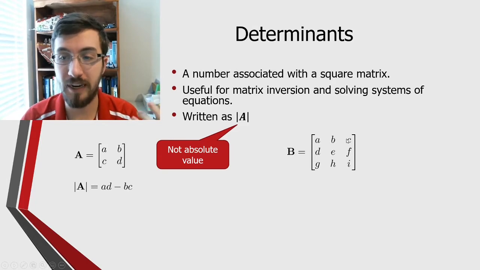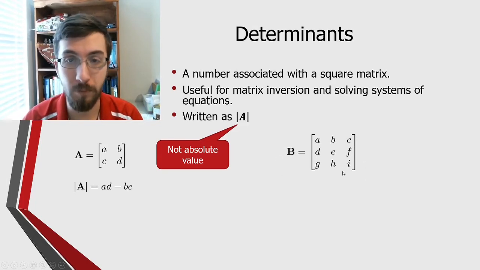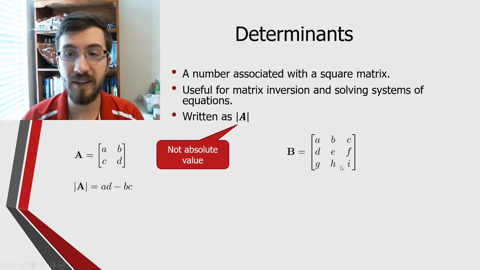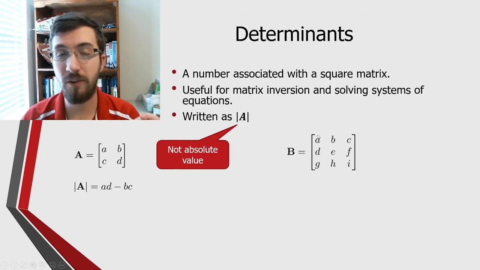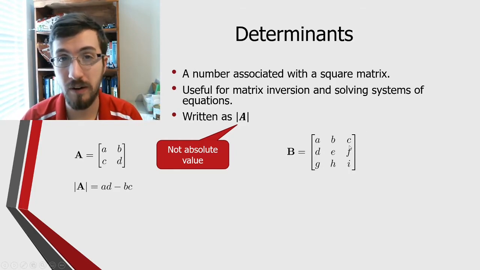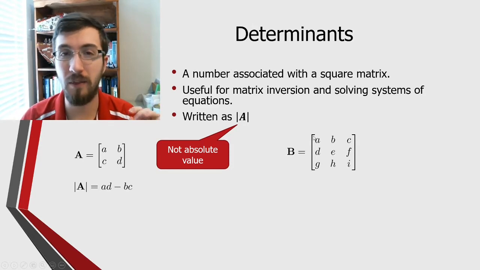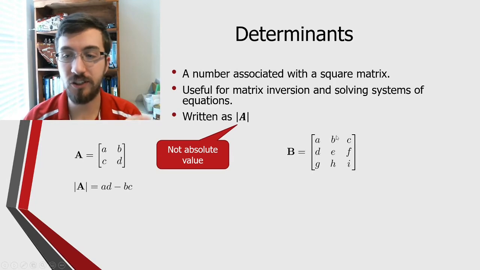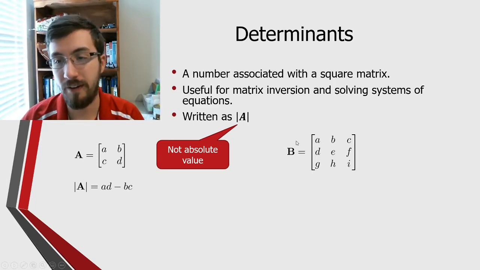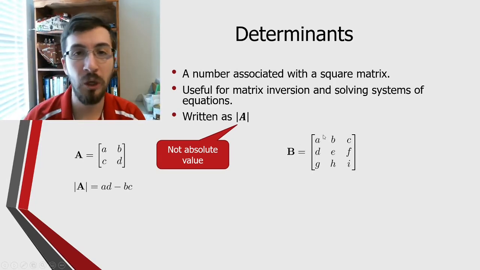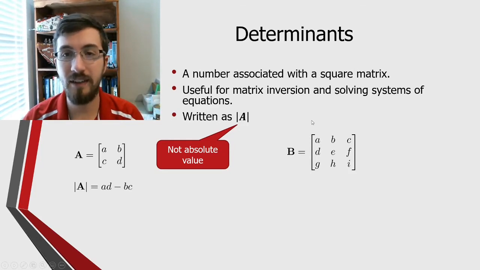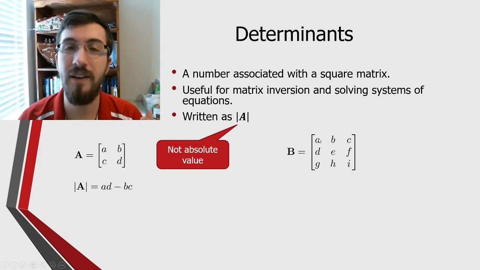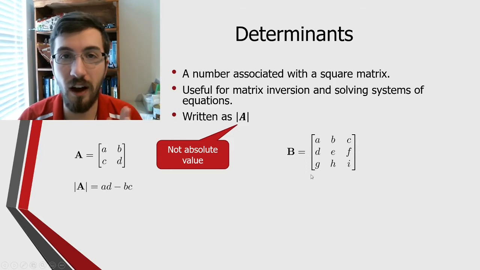If we have this matrix A, B, C, D, E, F, G, H, I, how do we calculate it? Technically there are other ways to do this, but this is the way we're going to do it. You take the first row, and for each element, A, B, and C, you find the determinant of the 2 by 2 matrix that doesn't have that column in it.